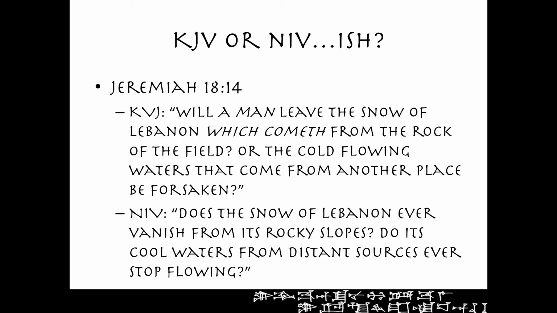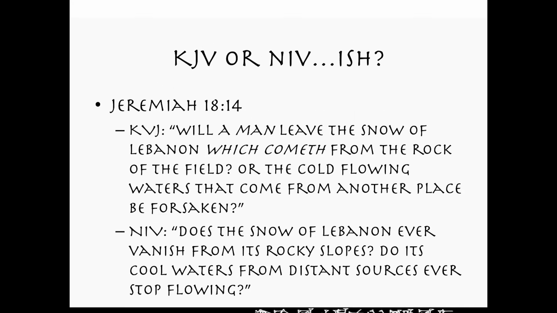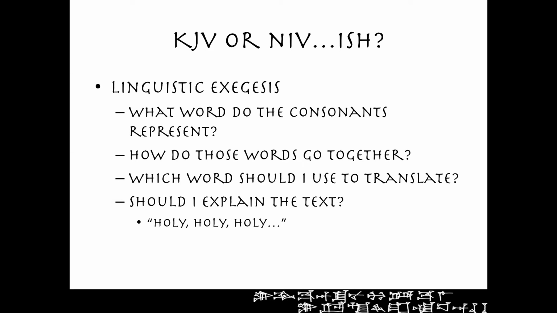They're trying to make sense of it, but the NIV is paraphrasing far more, or it's being more liberal in its translation. And the reason is that they're trying to bring across what the text actually means, if that makes sense. So we have these issues when we look at modern day translations and, of course, when we look at these ancient translations.